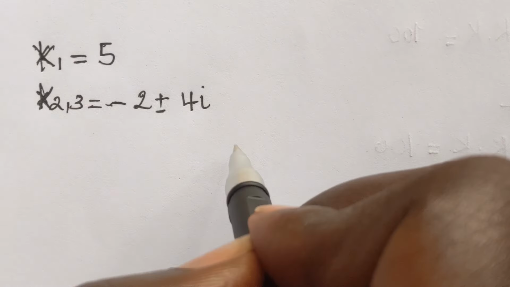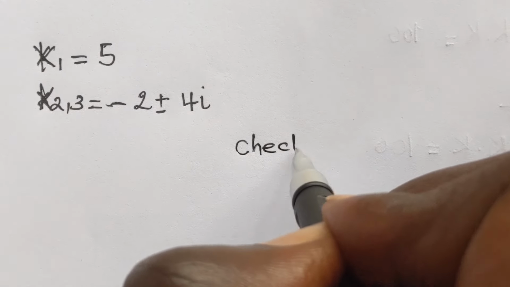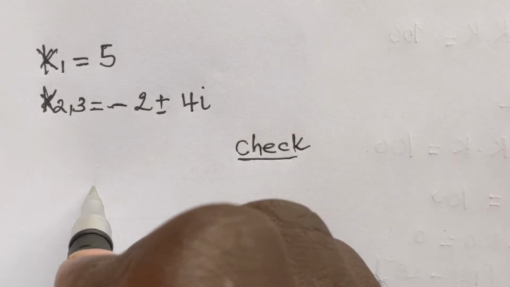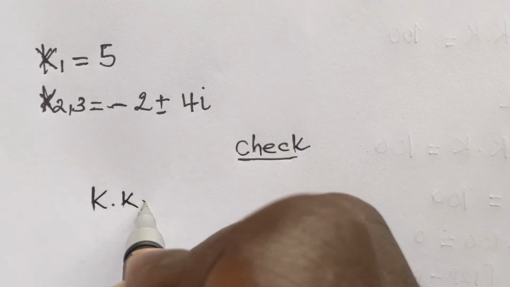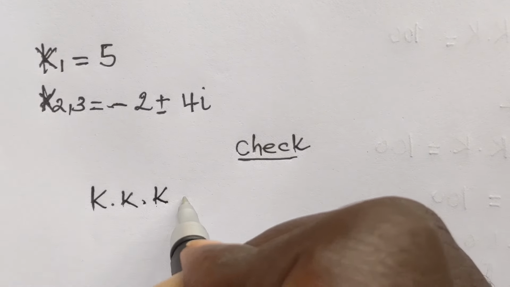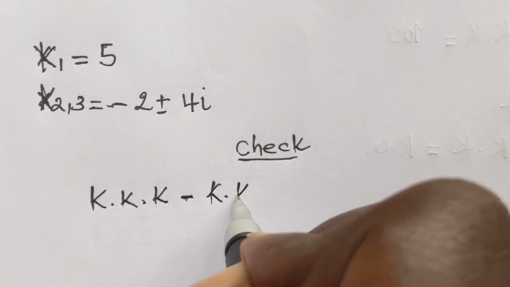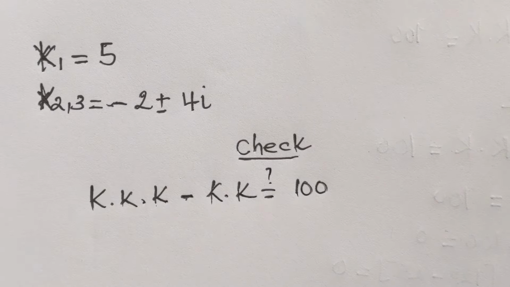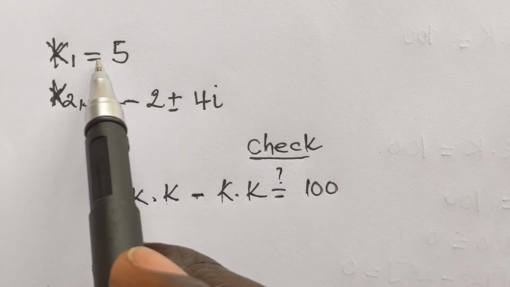Always we have to check if our answer is correct. Remember that we were given k times k times k, then minus k times k equals 100, and we have our k, which is equal to 5.